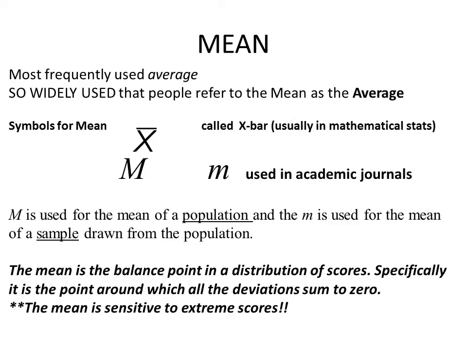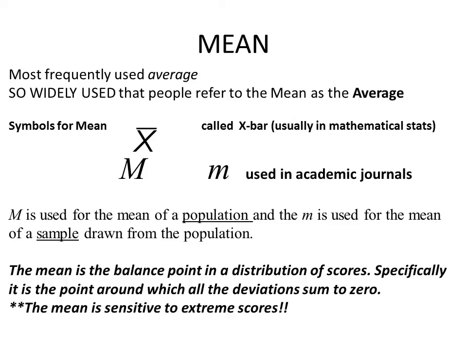The uppercase M italicized is used for the mean of a population, and the lowercase m italicized is used for the mean of a sample drawn from the population.